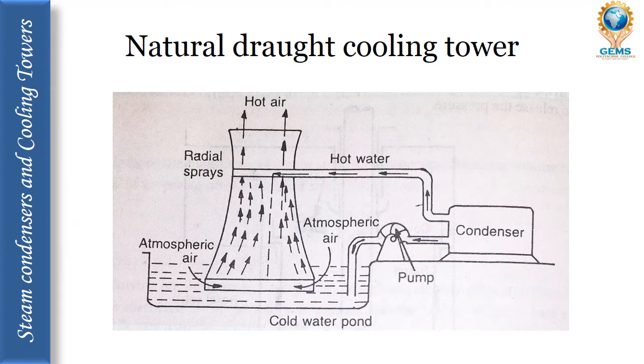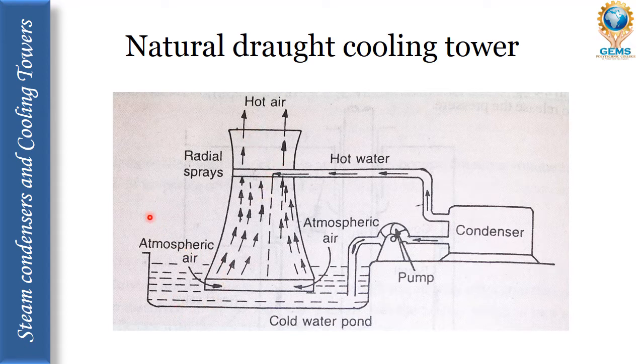So this is how the natural draft cooling tower looks. Here we are constructing a tall reinforced cooling tower. From the condenser, we send the hot water through a radial spray, and atmospheric air enters into this. It is a helical, hypocycloid structural cooling tower.